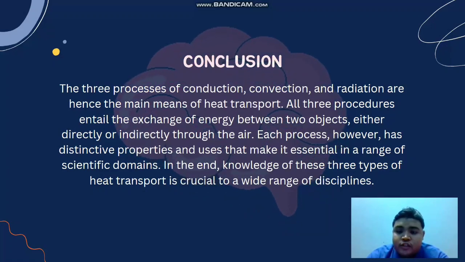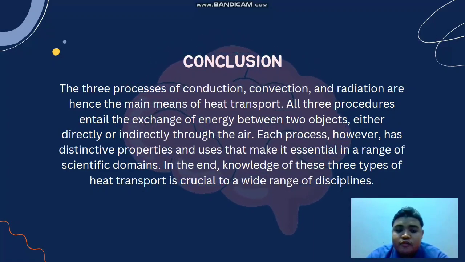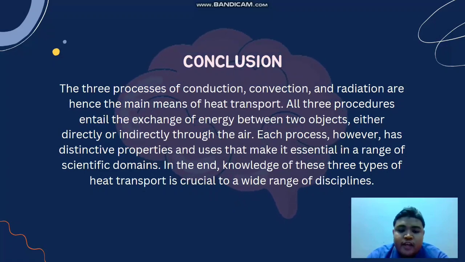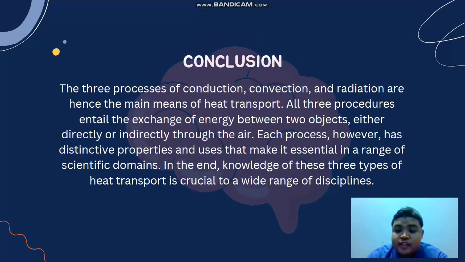Each process, however, has distinct properties and uses that make it essential in a range of scientific domains. And in the end, knowledge of these 3 types of heat transfer is crucial to a wide range of disciplines.